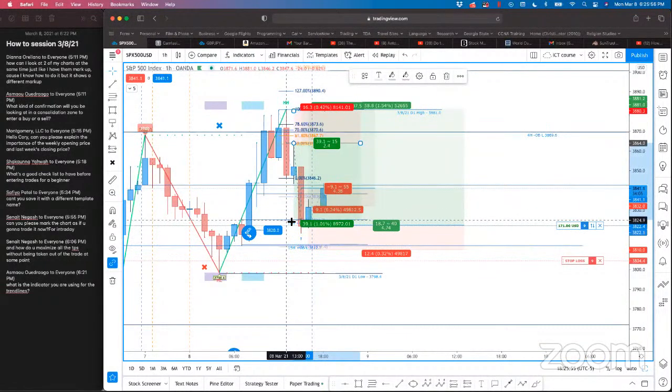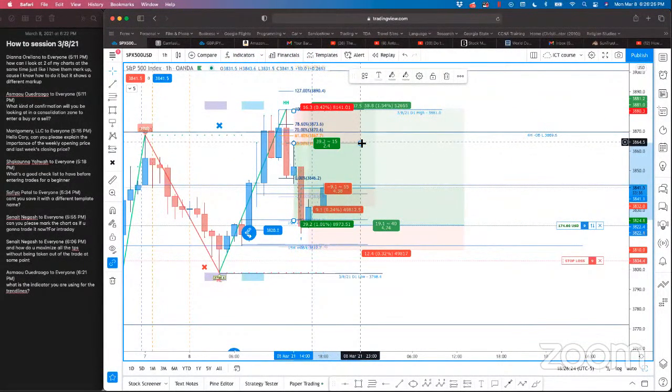But I mean, remember, we partial right here, we partial right here, we partial right here. And then the rest of the trade is not even a quarter of what's left, right? I'm just going to put that at break even. So if it does come back and hit me, I don't care, because I'm already up on all of these positions right here.